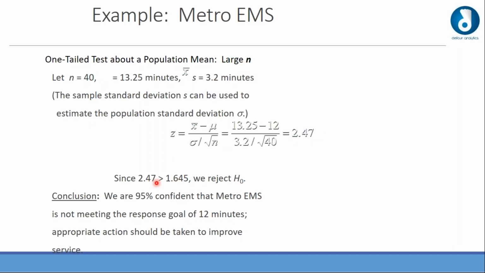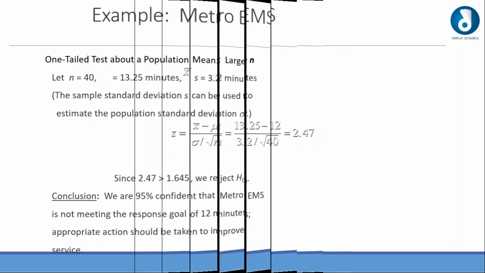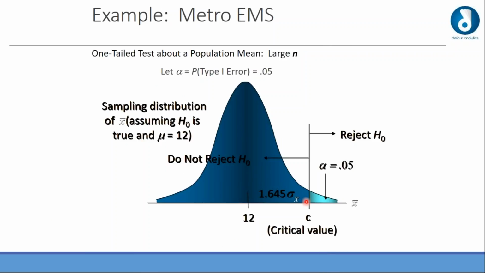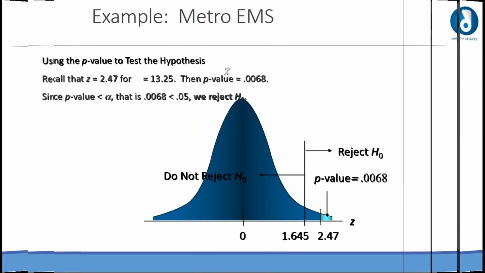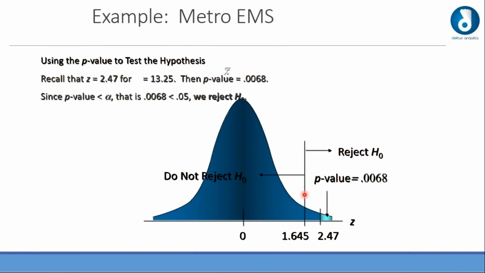Since this value is greater than 1.645, which is the Z value at alpha equal to 0.05, and my Z value is 2.47, it is obviously greater than this. So it is going to fall somewhere here in this region.